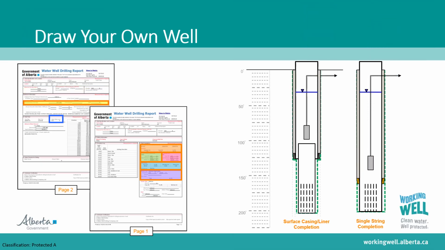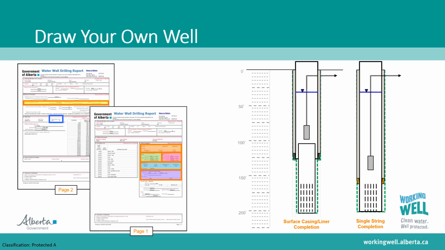Next, we want to put our pump in. How is that water getting out of the well and to either our house or our barn or wherever the water is going to? On the second page, there is a section with pump installation information. Not all of you will have this filled out. If you don't, and you do have information under recommended pump intake depth, you could use that depth to put the bottom of your pump as a bit of an estimate.